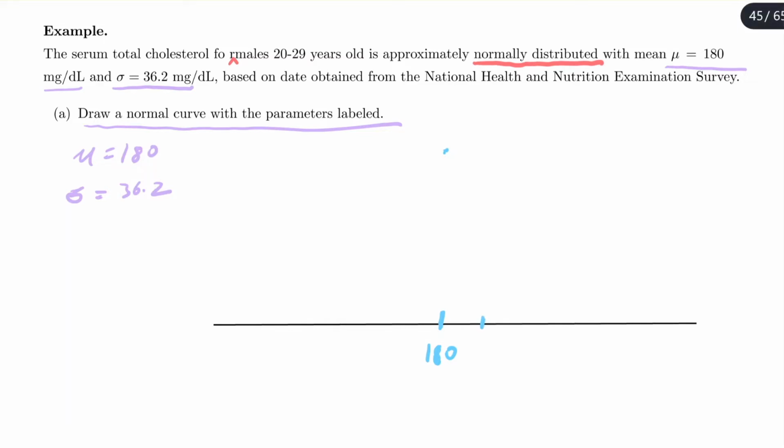Here's one standard deviation plus the mean, one standard deviation minus the mean. So this number will be 180 minus 36.2, and this number will be 180 plus 36.2, which I put in a calculator, I get 216.2 and 143.8.